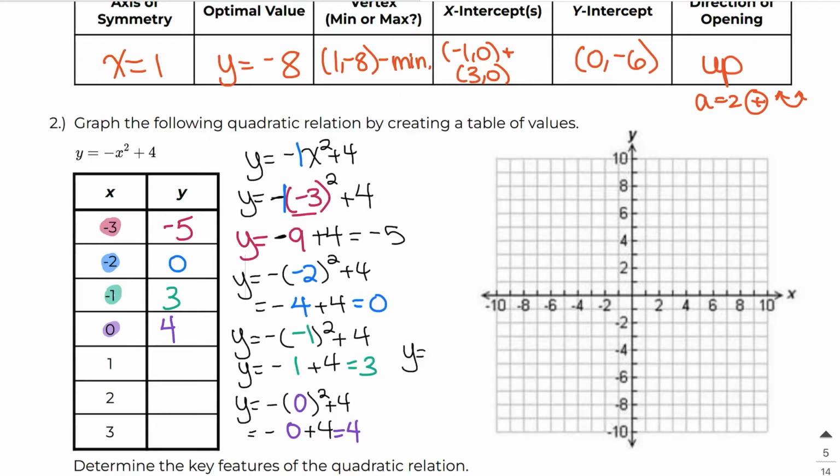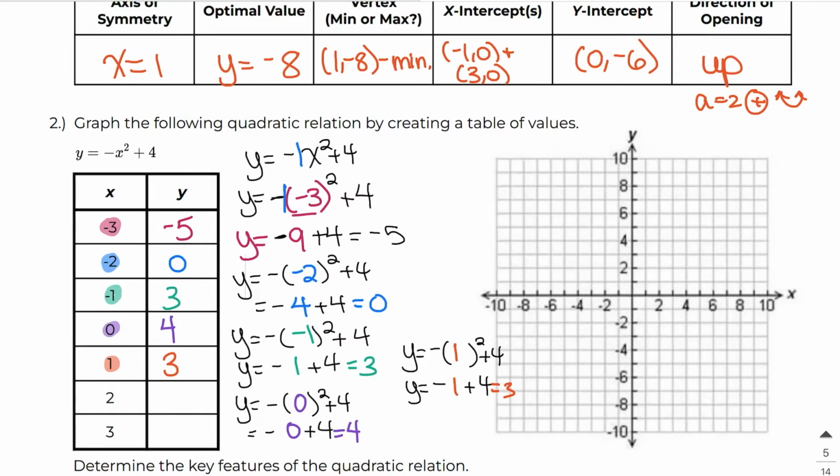So y equals negative, and then here I'm going to replace the x value here with +1 inside of here. But if you notice, when I do that, there's still a negative in front, okay? But it's outside of the brackets still. So +1 squared is 1. The negative tags along, +4, and I get y equals 3. So we can say that this is 3. Please determine the remaining 2 values.